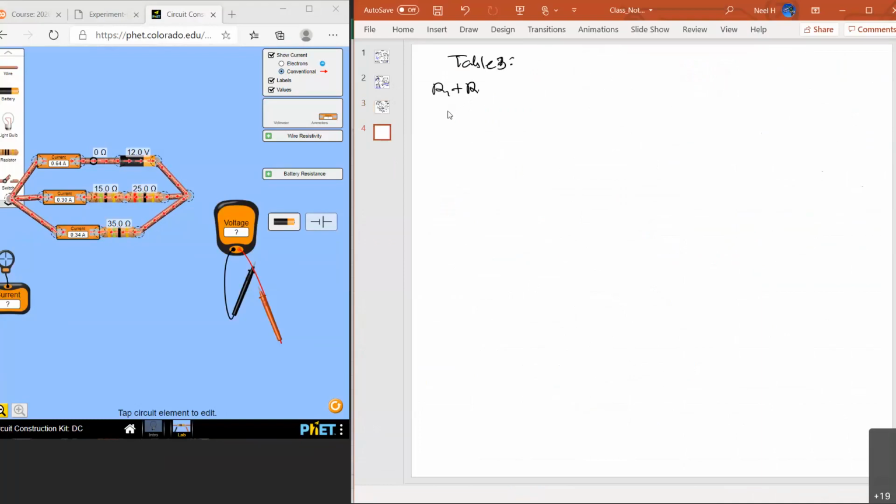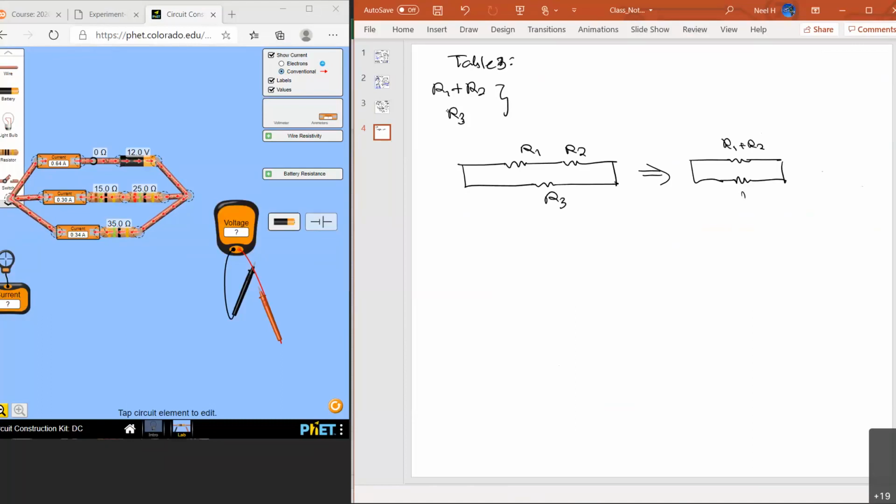R1 plus R2 goes serial, and then R3 is parallel to them. So it's going to look like this now. R1, R2, R3 here. So R1 and R2 add together, R1 plus R2, but R3 is in parallel.